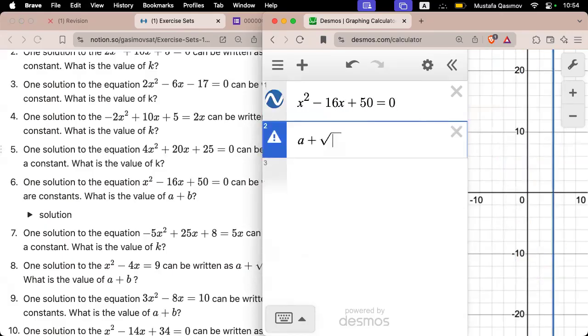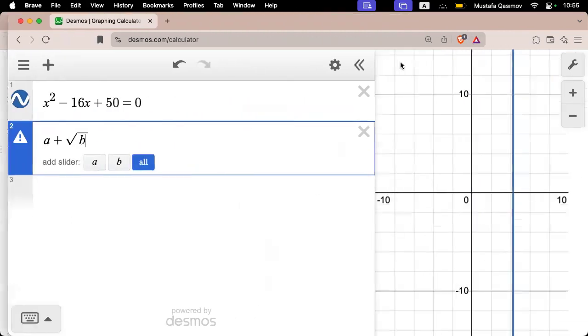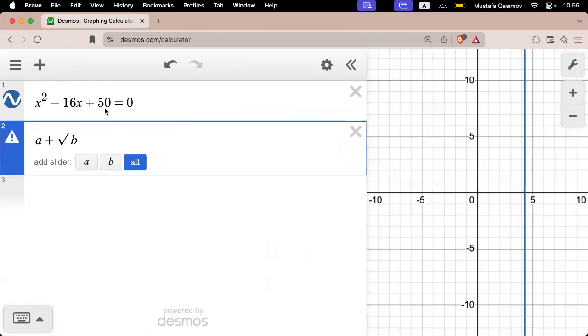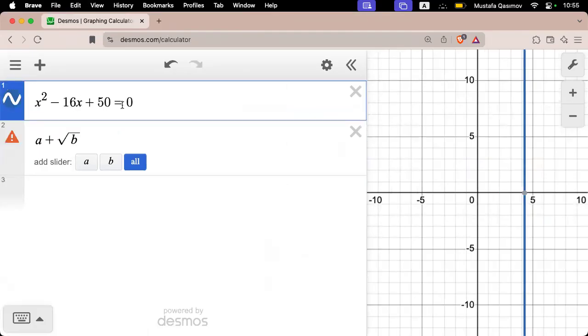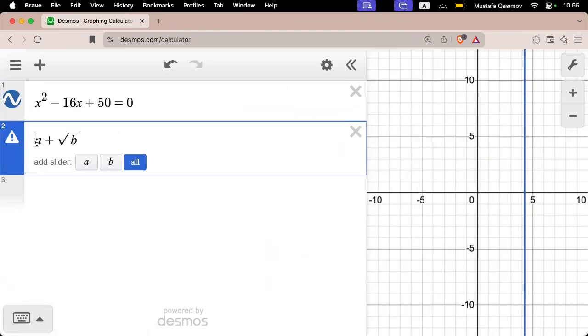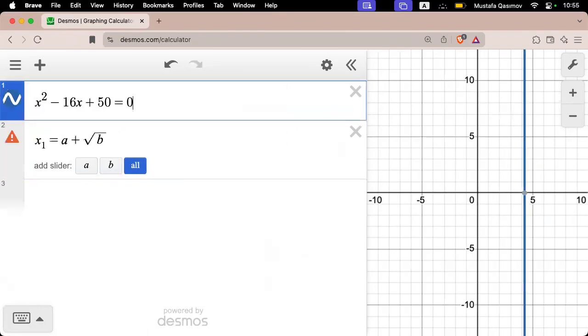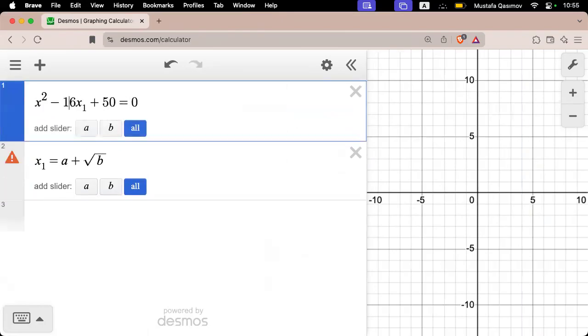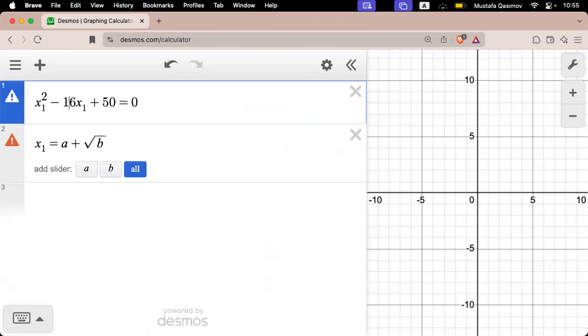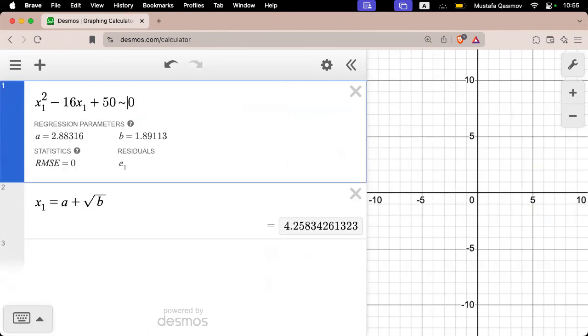A plus square root of b is the solution of this quadratic equation, okay? Okay, if you remember, we write it like that in decimals. X1 is equal to this one, right? Then we write here x1 and we write here x1 and we will get the answer. But it is not correct.